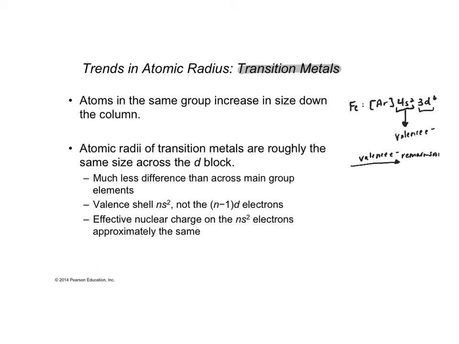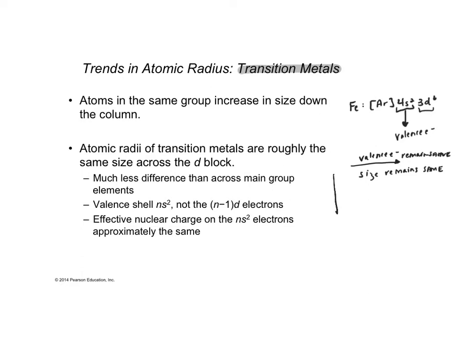And so because of that, what we see for trends as we move from left to right is that the size overall remains the same as well. All right, so we don't see any type of change with respect to the atomic radius for the transition metals. So again, left to right across the transition series, we don't see a change. They kind of remain the same.